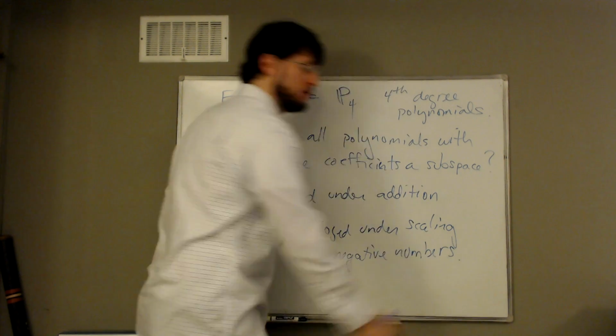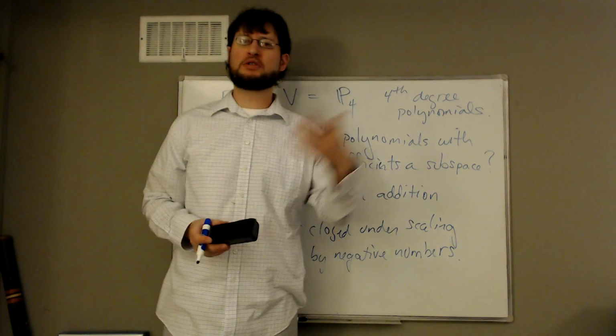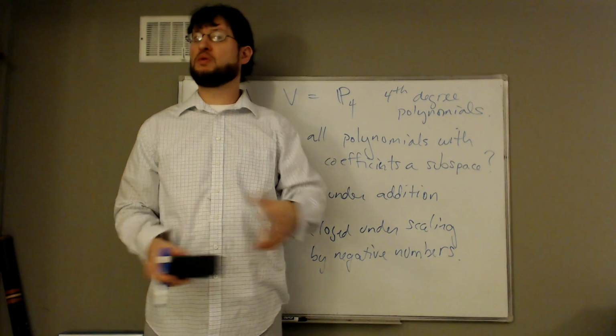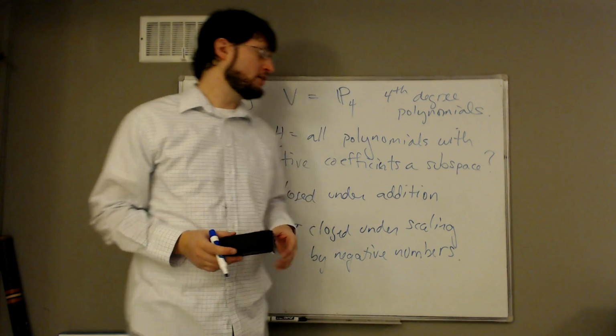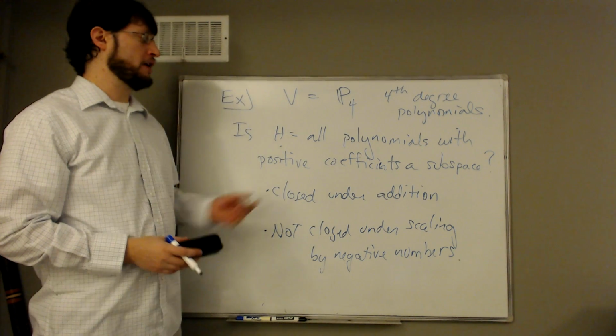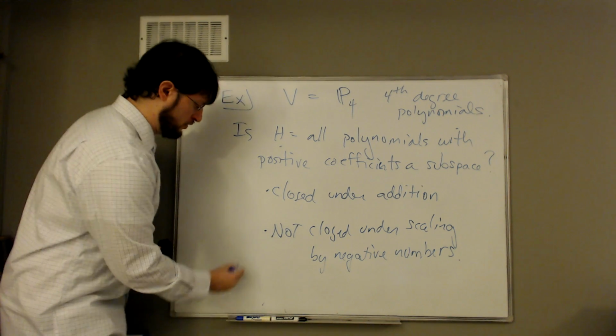If I take a fourth degree polynomial and I multiply by -6, well, if the original one had positive coefficients, the new one does not. So it has to be closed under any scaling, positive or negative, and also under any addition. So this is no.